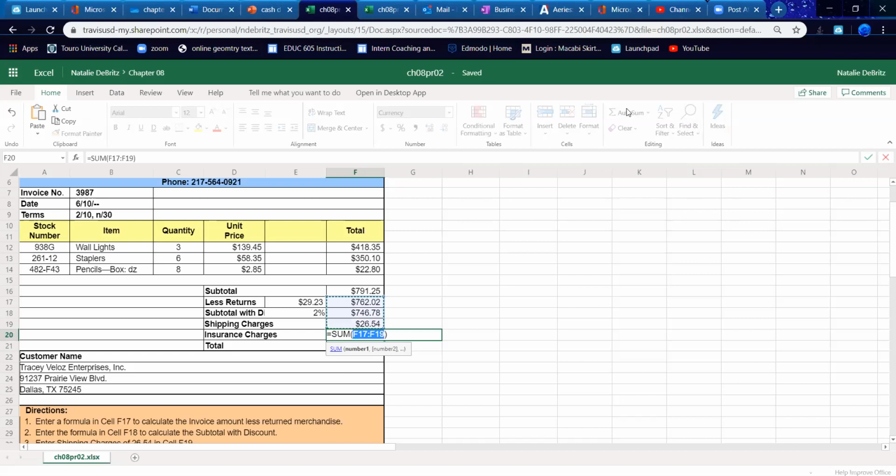And it will give me my amount. Let's try that again. Auto sum. There we go. And that gives me my amount. So my total charge is going to be $1,548.90.